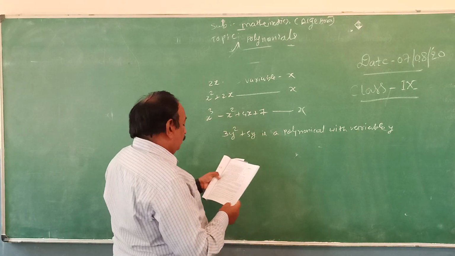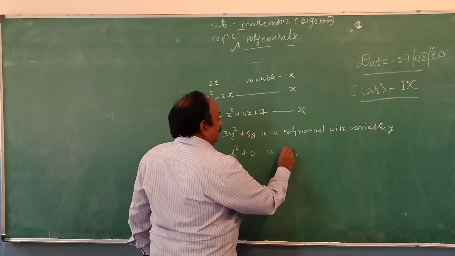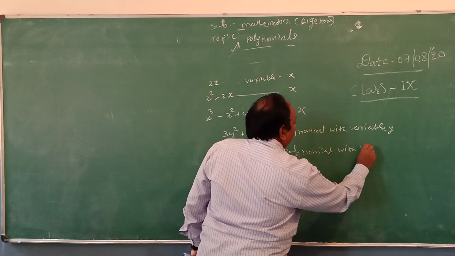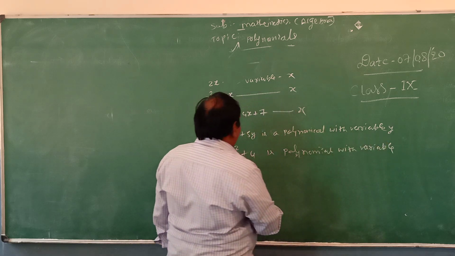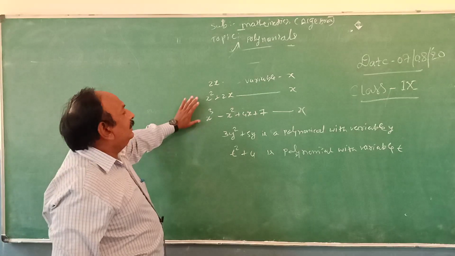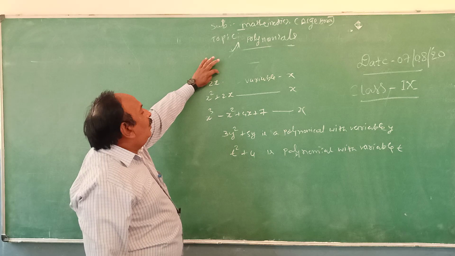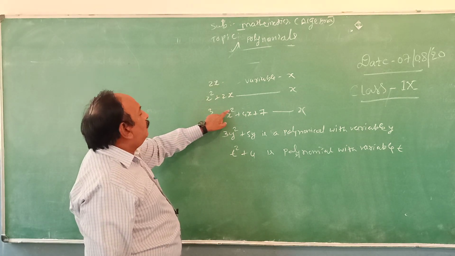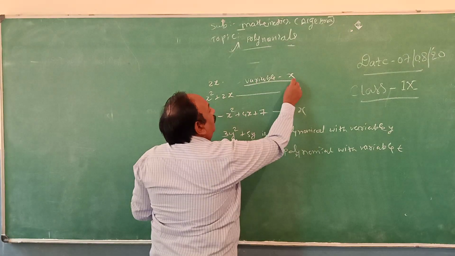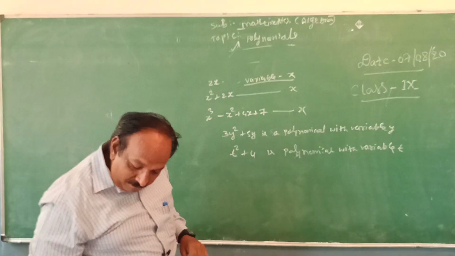Now, t square plus 4 is a polynomial with variable t. See, these are all polynomials because the exponent is a whole number. The variable here is x, here y is the variable, and t is a variable.